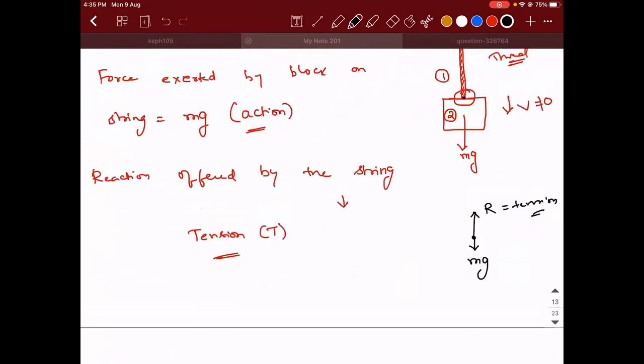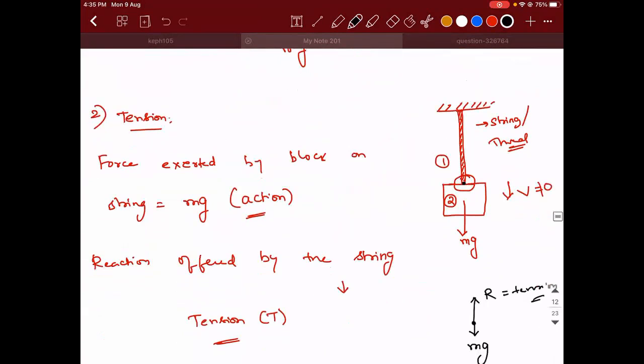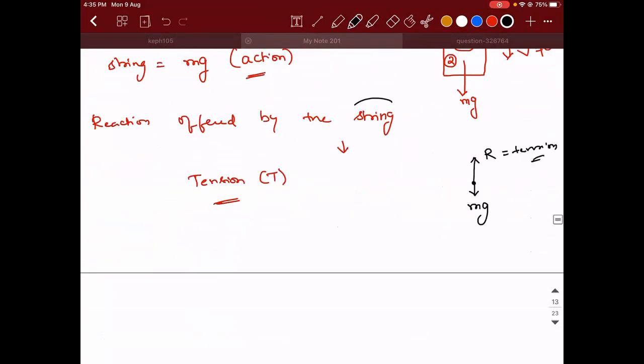No, because normal force is exerted by rigid objects, rigid surfaces. Whereas a string is not a rigid surface, it can be bent. Okay, sir. So generally the force offered by a string or rope or thread is called tension.